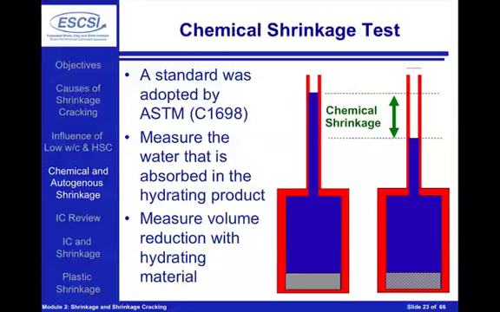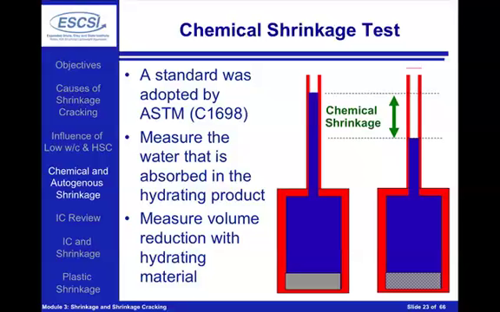Now, how do we measure this chemical shrinkage? How do we know what the total volume reduction is? There have been several methods developed over the years, but there's a standard method called ASTM C1698, where you simply place a small volume of the hydrating cement paste in the bottom of a vial.